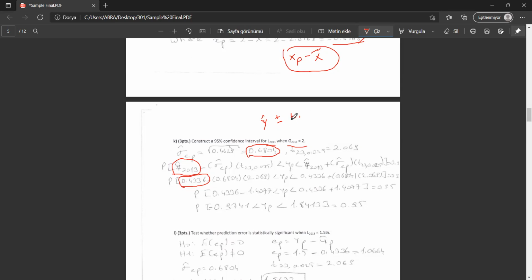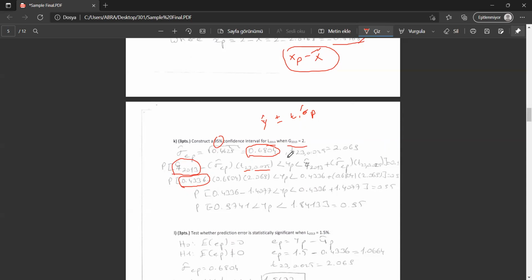So, and the t value, you know, it is the same. It is t(25-2, 0.025), alpha over 2, you know. Alpha is 5%, so alpha over 2 is 2.5%. So t value and the standard error of the predicted value.